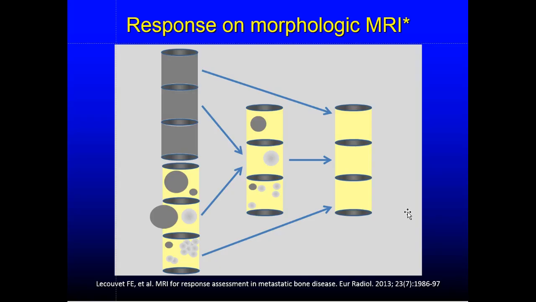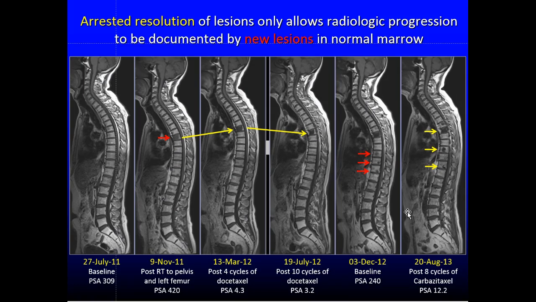Interesting. For the first time, I've talked to you about imaging used to assess response to treatment in the bone marrow. And it's an interesting phenomenon that has utility, I think, in prostate cancer.